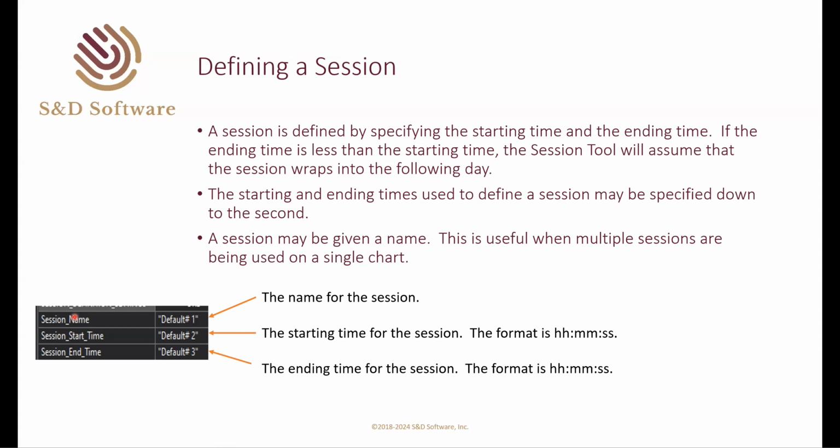That's going to be entered as 1700 hours. That's the way we would say it in the military. But you'd have 17 for the hours, because 5 p.m. is the 17th hour of the day. 00 for the minutes, because we want our session to start with the market open there. And the seconds would be 00 as well.